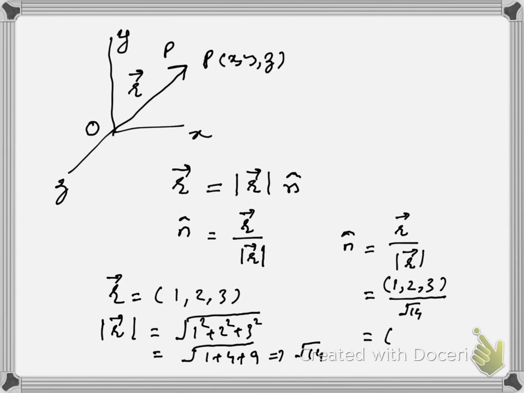It is equal to 1 upon square root of 14, comma 2 upon square root of 14, comma 3 upon square root of 14. Or it can be written as 1 upon square root of 14 I cap plus 2 upon square root of 14 j cap plus 3 upon square root of 14 k cap.